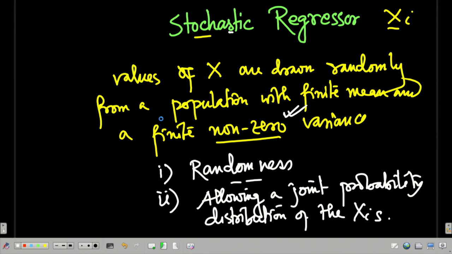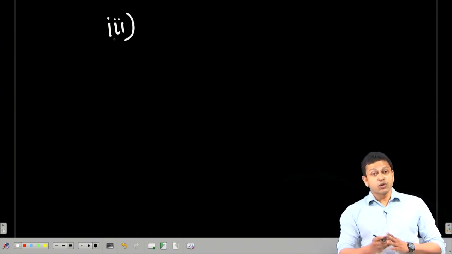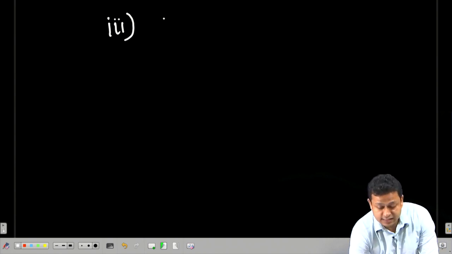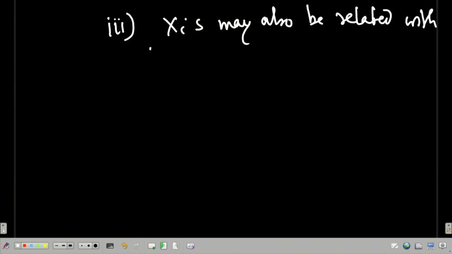The moment I relax this, what is going to happen is that you can no longer ignore the possibility that the xi's may also be related with the error term, and that is a problem.